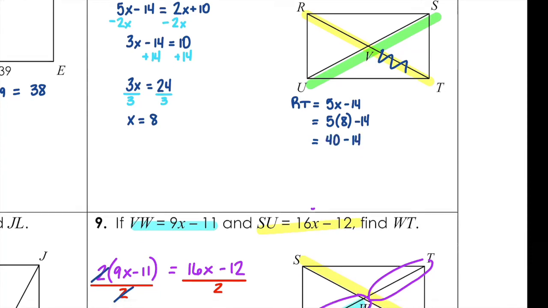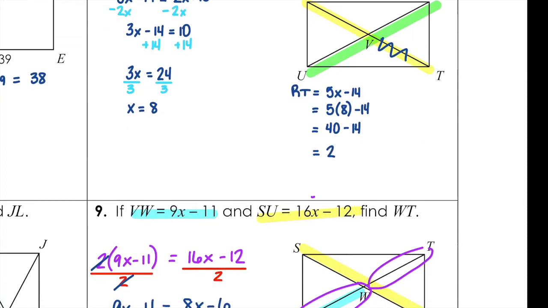And then 40 minus 14 is 26. But that's the full length of our diagonal. And remember, because it's a parallelogram, our diagonals are bisected. So we just take 26 and divide it by 2. So our answer is 13.